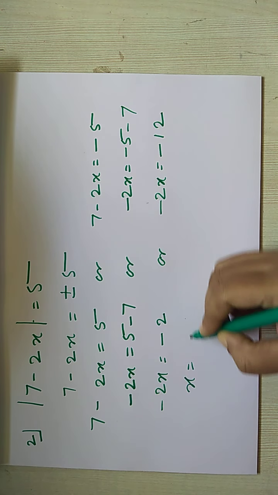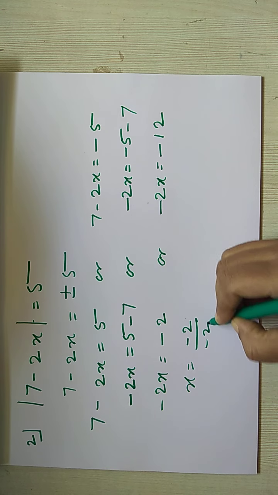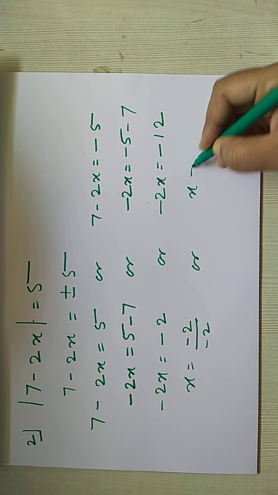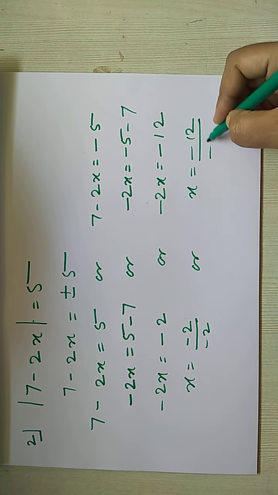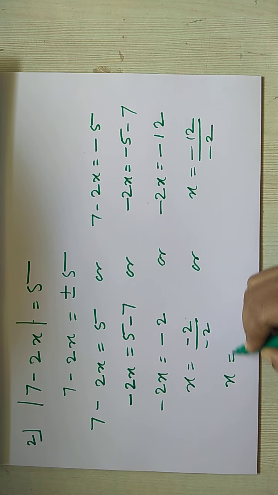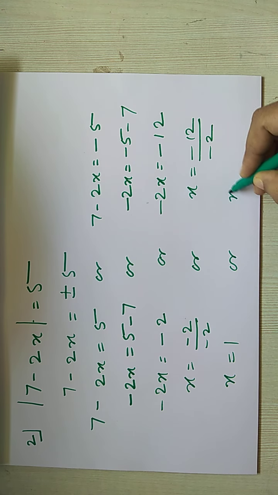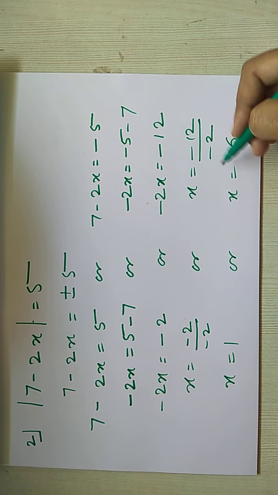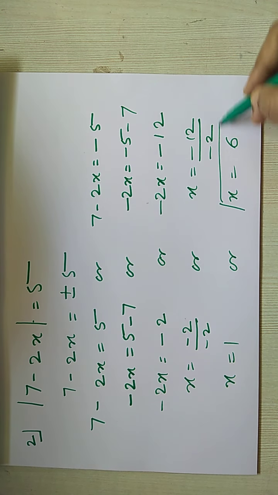So x will be minus 2 upon minus 2, or x will be minus 12 upon minus 2. x will be 1, or x will be 6. Minus minus cancel, 2 1s are 2, 2 6s are 12.